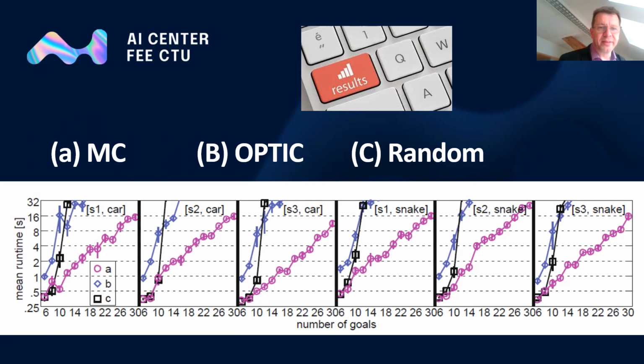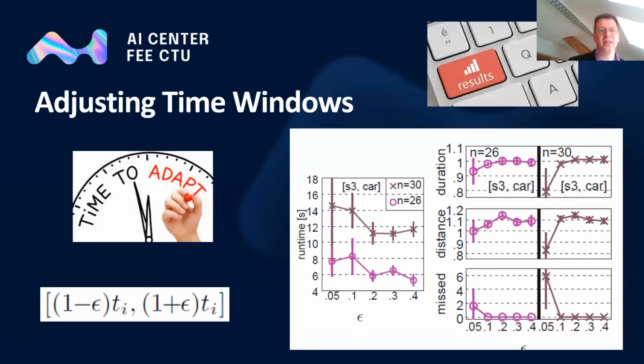The general planner is not as good, but of course you do not have to program anything for that. You only have to model. You can see it can solve up to 18 to 20 goals within feasible time, and random bails out much quicker, so it can solve 10 and then it is lost. You can also see when doing some analysis that when you make the time window smaller, then you fail.